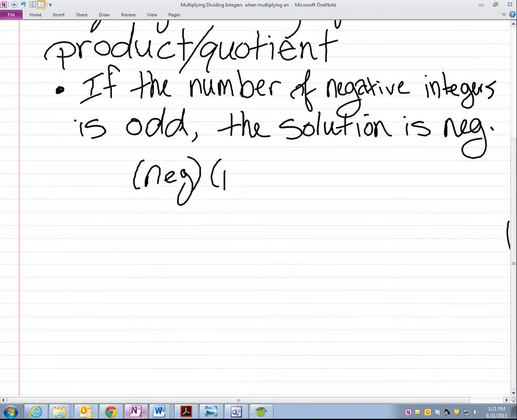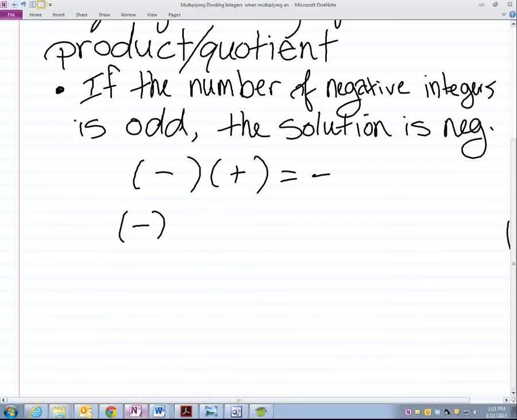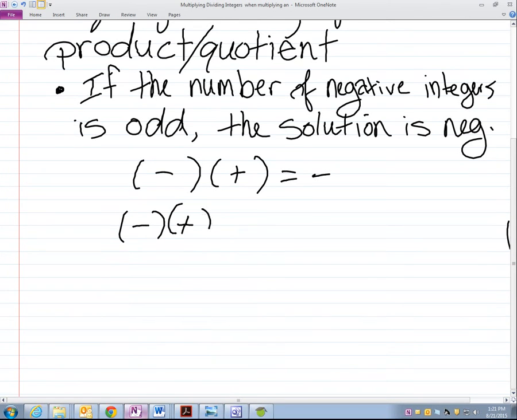negative, positive, I'm going to do signs. Negative, positive equals negative. Or negative, positive, negative, that's going to be negative.